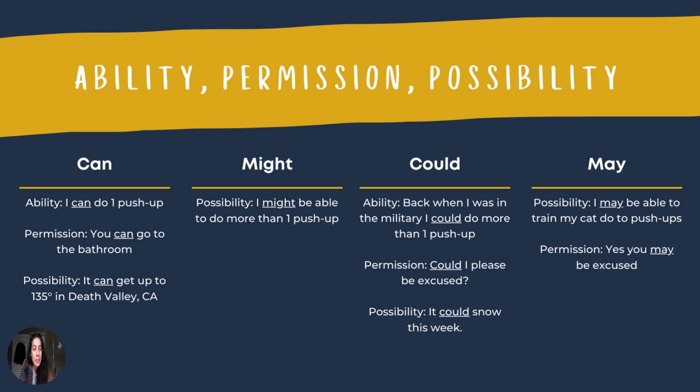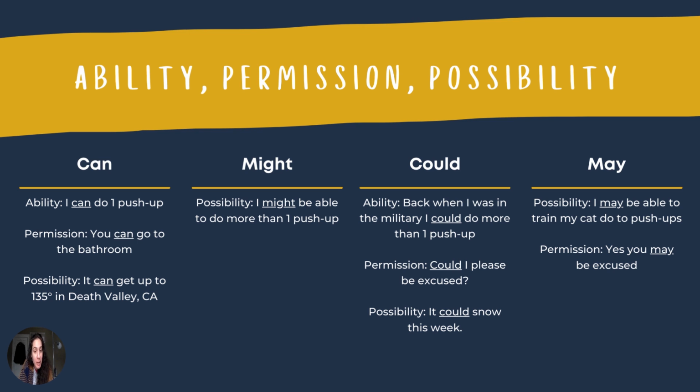So with possibility, it can get up to 135 degrees in Death Valley, California. Now, it doesn't get to 135 every day, but it can. It is possible. It is an action that can happen. For might, as you can see, it only expresses possibility.